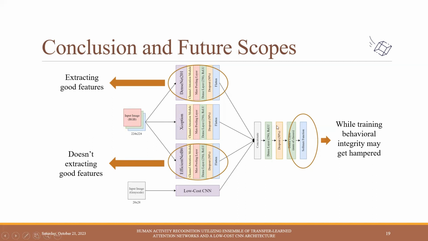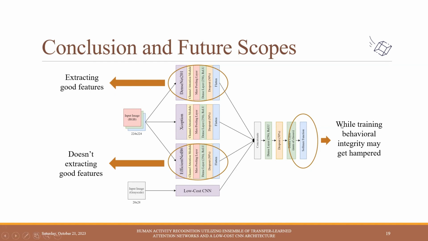While you are training, you see that your model is not doing that well, so you update the weights and try again. While updating the weights, you have made your EfficientNet V6 architecture more efficient, but you have destroyed the integrity of the DenseNet 201 architecture. DenseNet 201 is not doing better at all now, but it was doing better before.